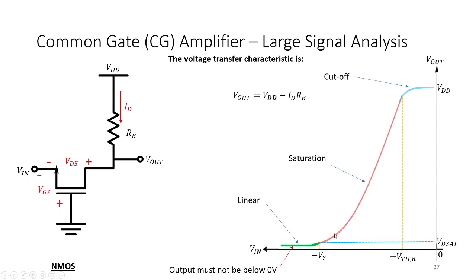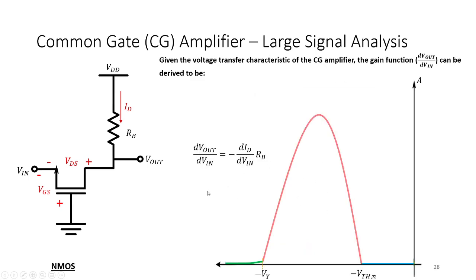As you can see, we reach the linear stage when we have VDSAT in VDS here. Then if we find the derivative, we will get this. Remember, because this is in reverse, it's more negative. Even though this has a negative side, negative times negative is positive, so we will get this kind of gain function.